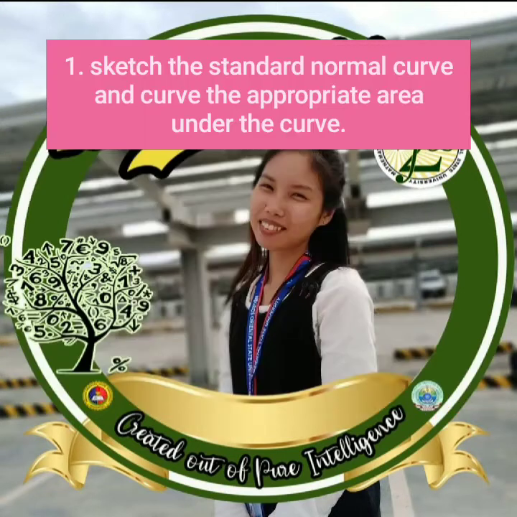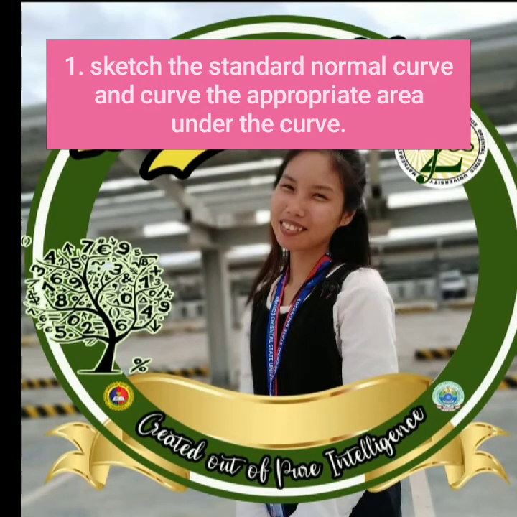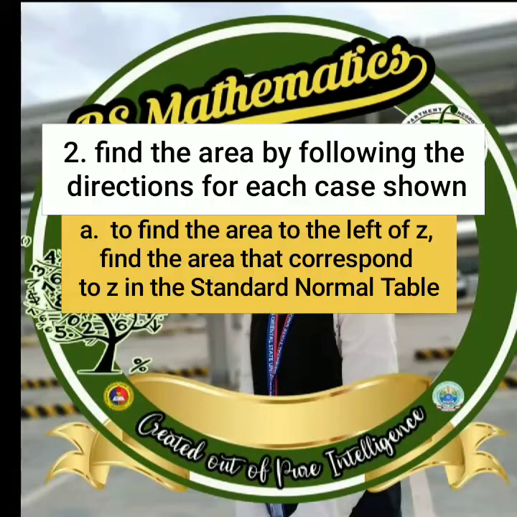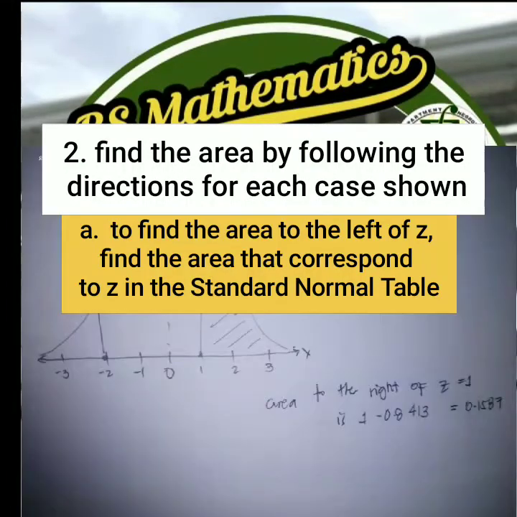So here are some examples on finding area under the standard normal curve. First, sketch the standard normal curve and shade the appropriate area under the curve. Second, find the area by following the directions for each case shown. A. To find the area to the left of z, find the area that corresponds to z in the standard normal table.